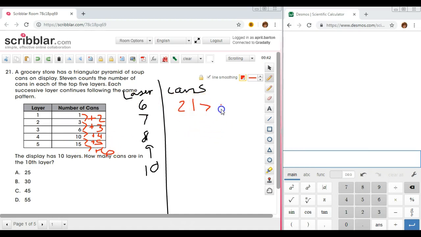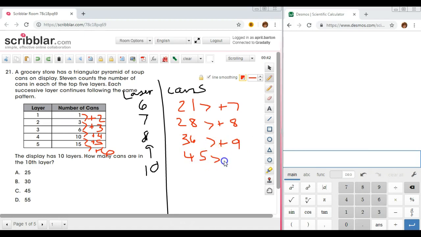So next we add 7. The next number to add is 1 more than 6, and we add it to the number of cans on the 6th layer. 21 plus 7 is 28. Next we add 8. 28 plus 8 is 36. Next we add 9. 36 plus 9 is 45.